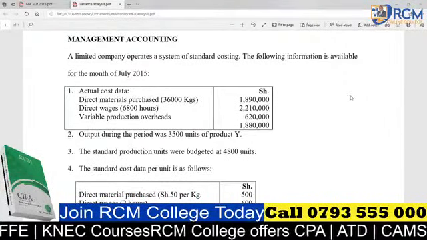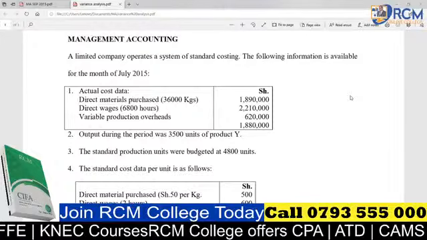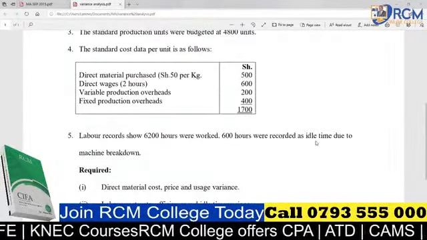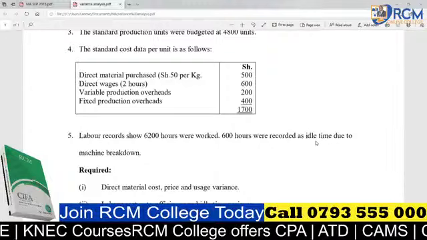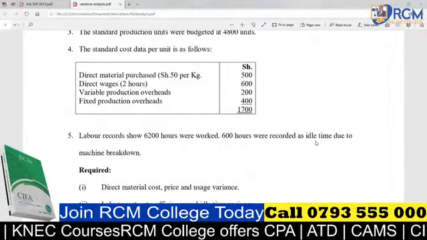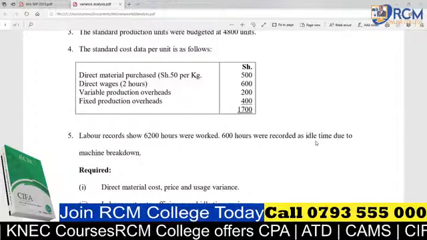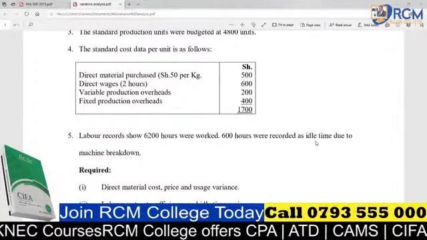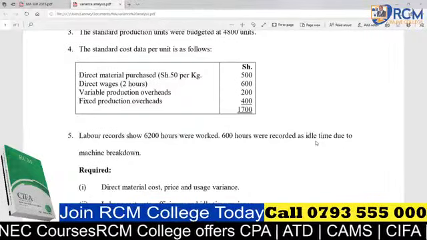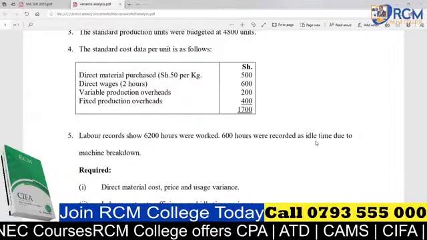If you scroll a little bit down, you'll be able to see where they're telling us that labor records show that 6,200 hours were worked, and then 600 hours were recorded as idle. Remember, in total, the number of hours here was 6,800.